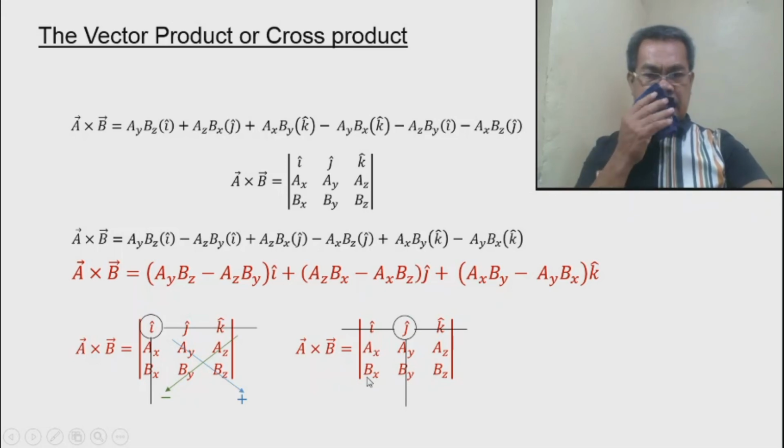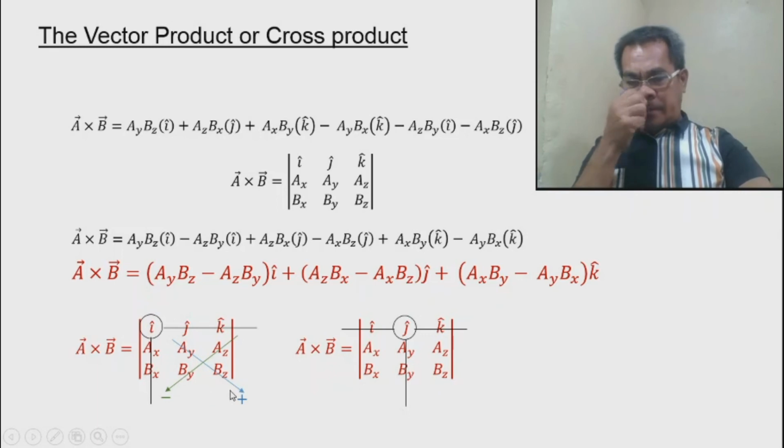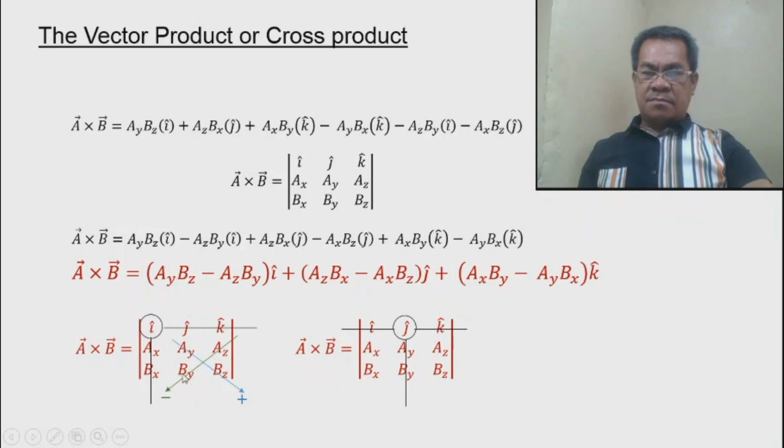So to evaluate, because this is in the middle. Now, if you notice here, the downward diagonal is positive, and the reverse diagonal, upward, is negative. Now, in the middle, this should be reversed. This will be the product of EZ, BX, which must be positive.